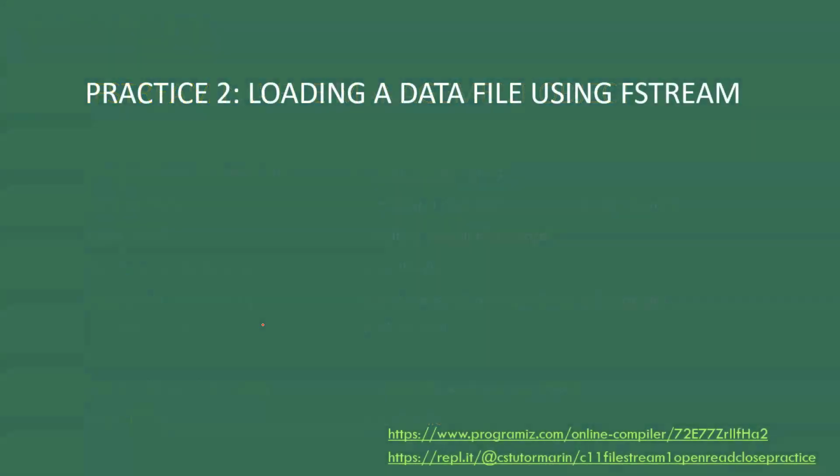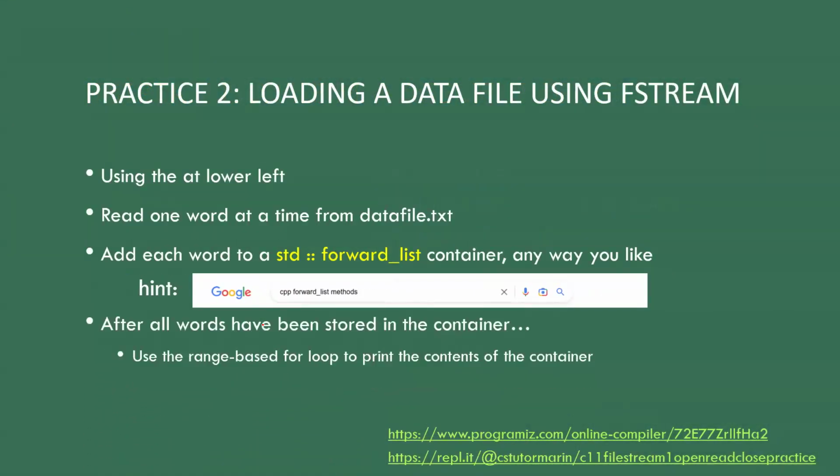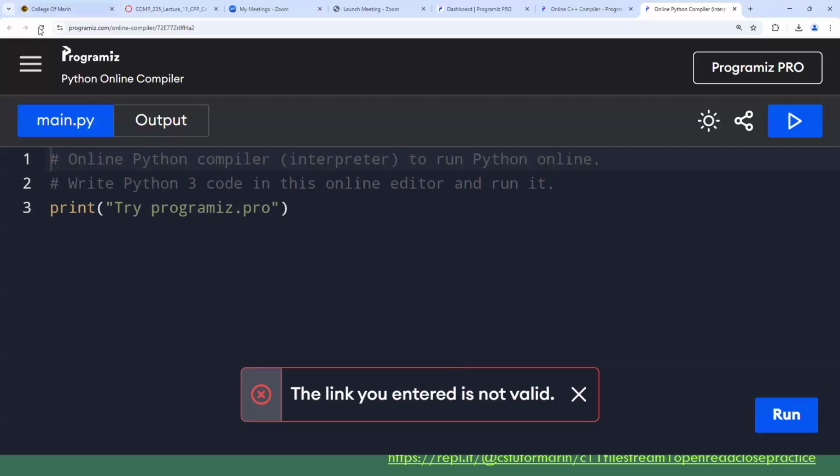So for those of us who haven't seen that in a while, that's kind of new. Now, this is the Program IZ Pro link here. So for those of you who want to give it a try, you can, and we can use our handy range-based for loop for this. So I'm not going to go through all of the code here because, come on, you can do it. You know you're there.